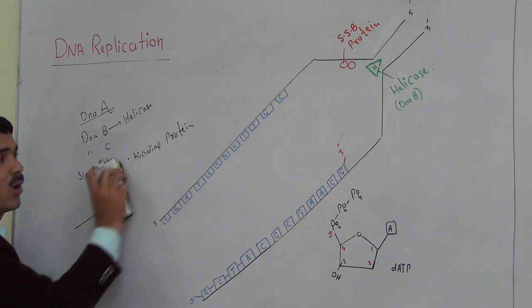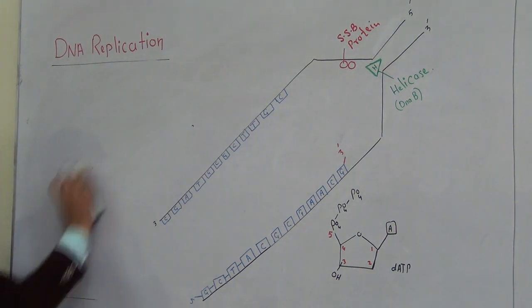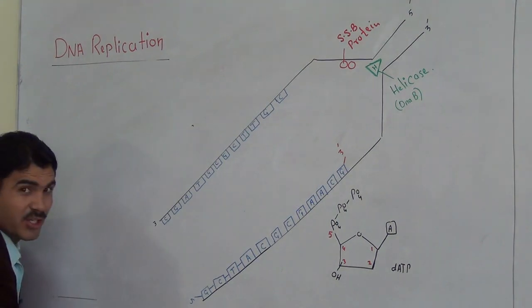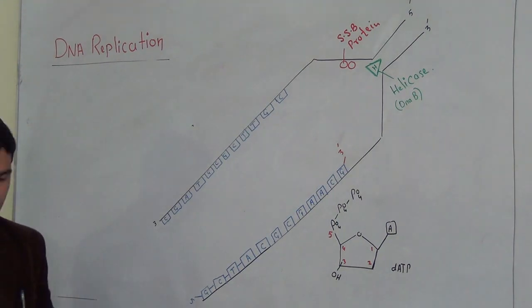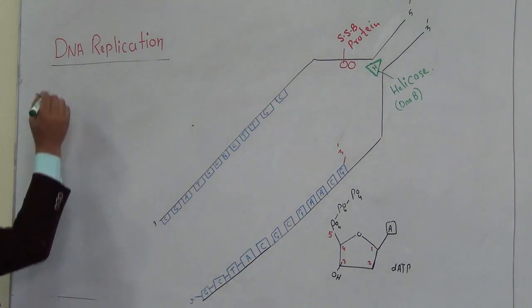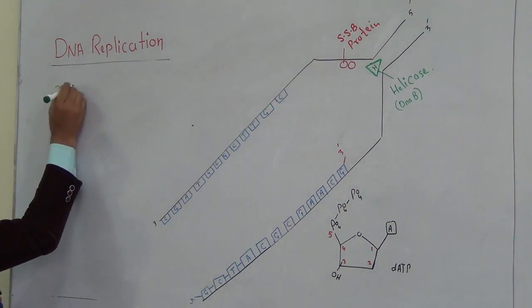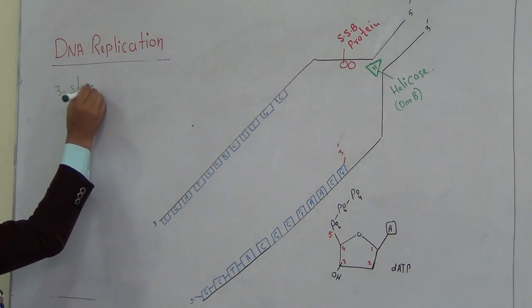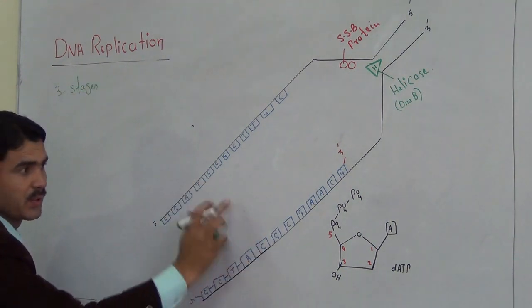So now let's start the replication process in detail with the stages. The replication process has three stages for us. This is the most important diagram that we are going to discuss.